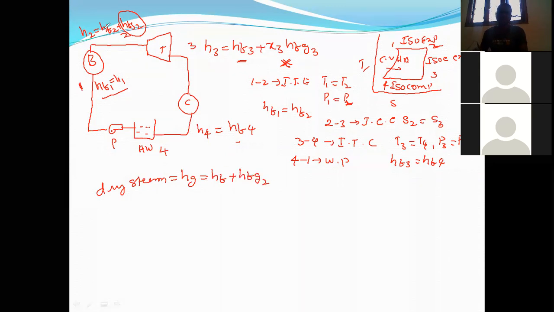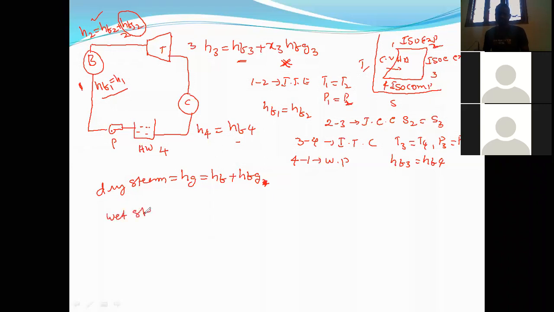So after the boiler, steam is definitely dry. So we write HF plus HFG. This is the general formula, without notations: Hg is equal to HF plus HFG. Your point is 2 now, so we write H2 is equal to HF2 plus HFG2. Definitely after the boiler, steam will be in dry position only. When it comes after the turbine, it becomes wet steam. So what is the general wet steam formula?